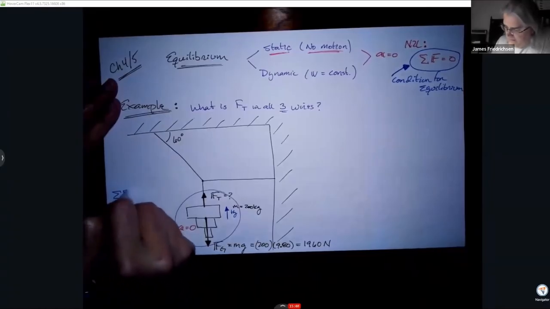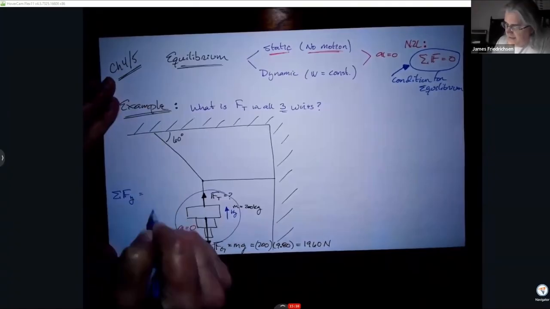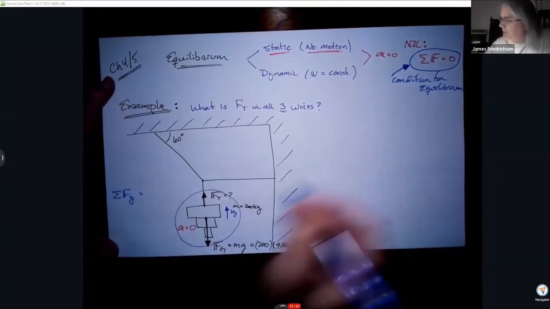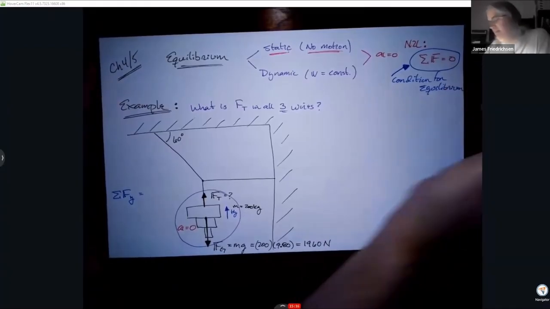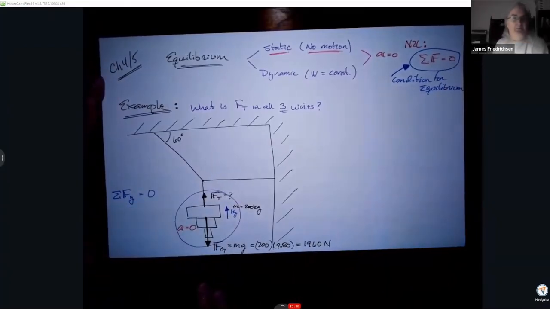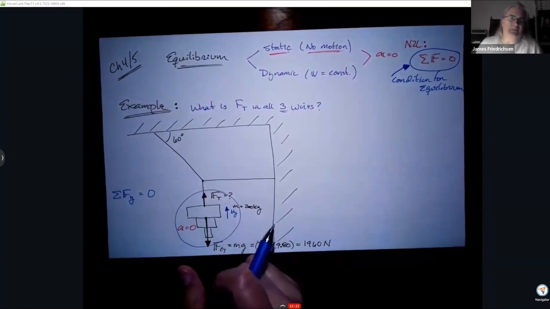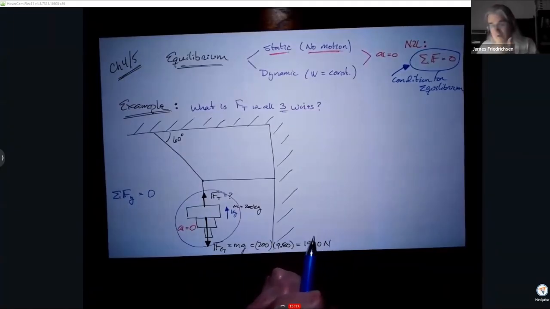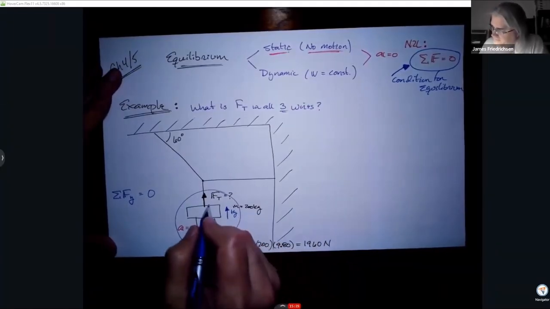So we have the net force in the y. Now, previously I'd write MAY, and then the next line I'd make it 0, but really the condition here is that it is 0. So we could just start here if you want, or you could do the MAY and make it 0 in the next line. It's six of one, half a dozen of the other kind of thing. So whichever makes you happier is fine.